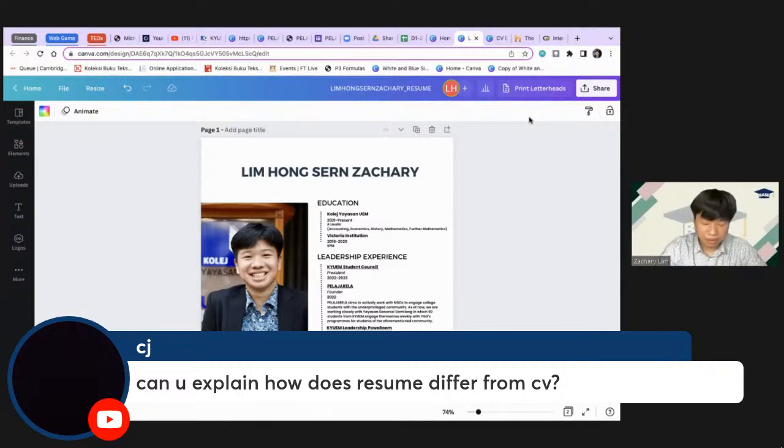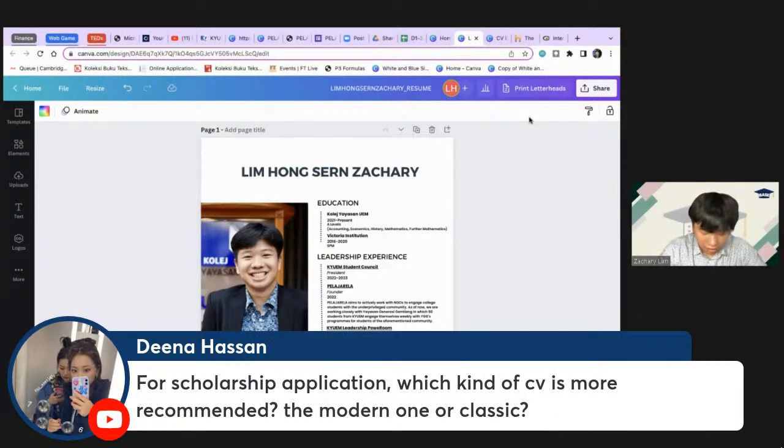Okay, so the second question I have is, I think it was something about whether we should use a modern one or the traditional version of the CVs?